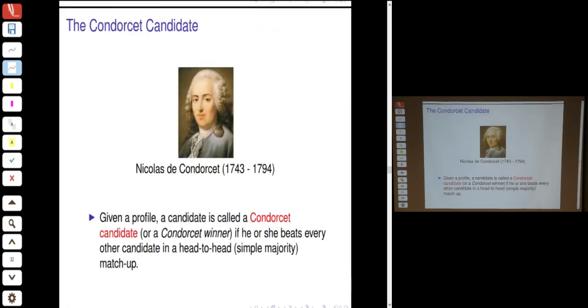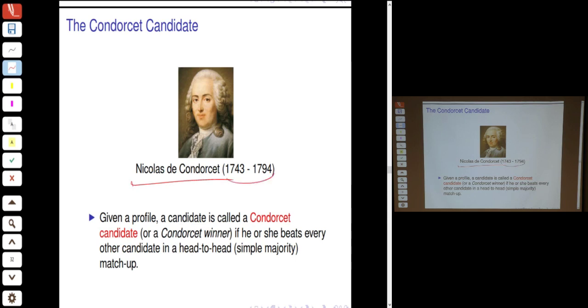As you can see, with more than 2 candidates, it becomes more and more tricky to determine the winner in a satisfactory way. So, there has been a lot of thought put into these methods, and one of the people who worked on them was a famous intellectual called Nicolas de Condorcet, who lived in the 18th century.